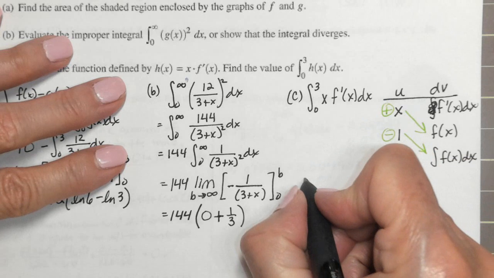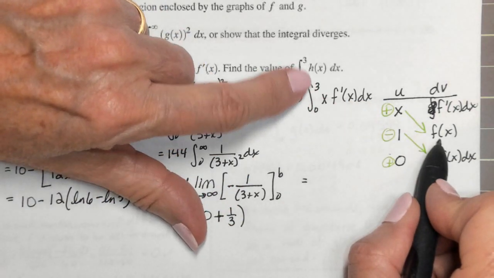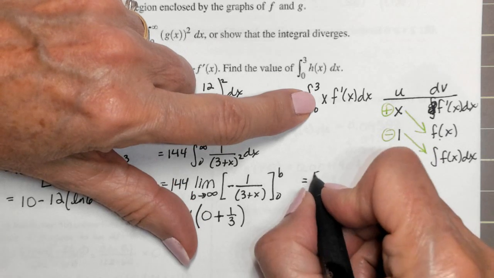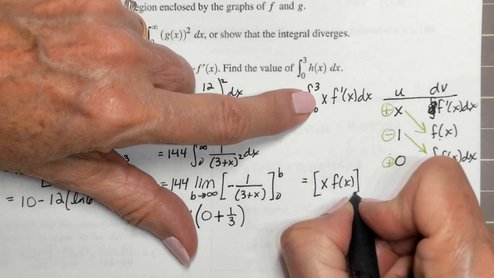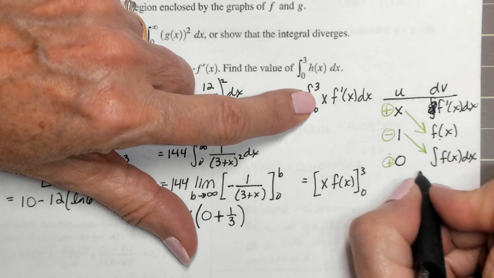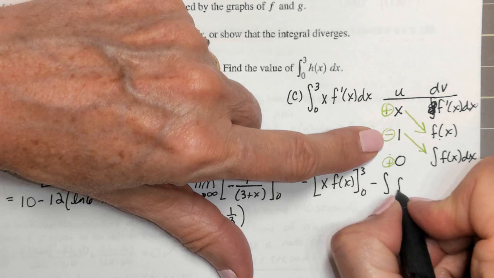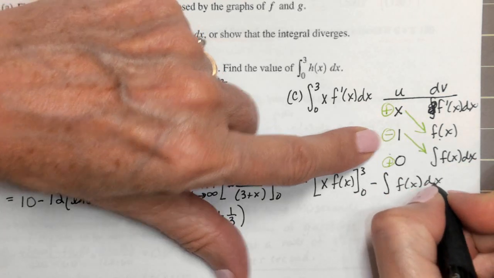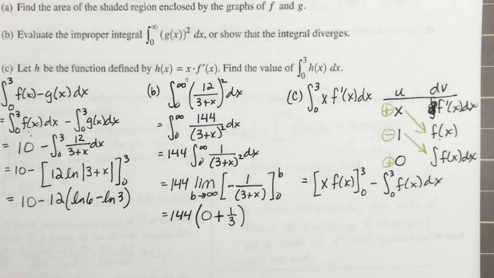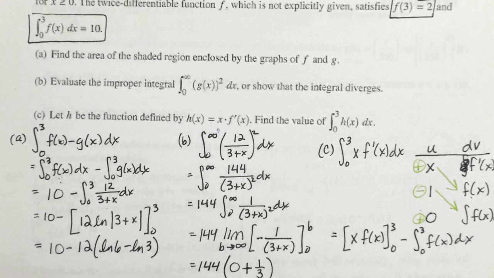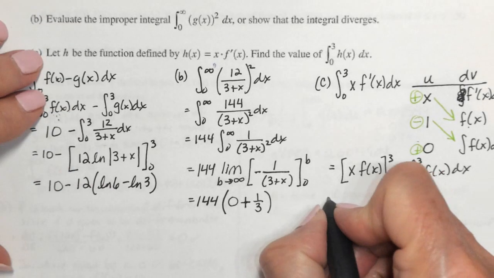So this is going to be, all right, x f of x, and I'm going to go ahead and apply my boundaries to that. So x f of x, apply my boundaries, minus integral f of x, apply my boundaries. And that integral doesn't bother me because they told me that that was 10. So I am almost there.